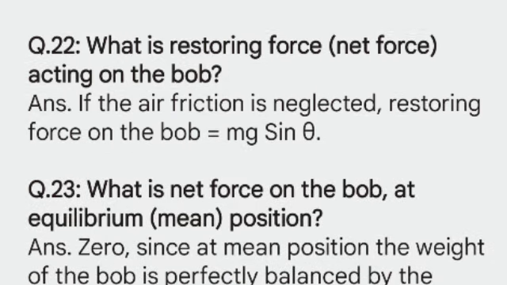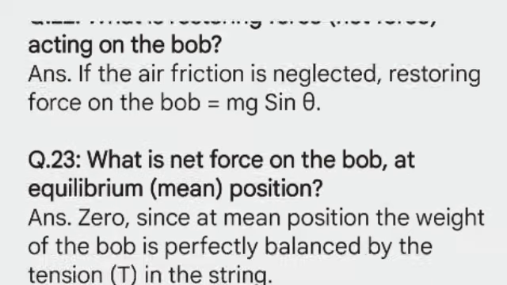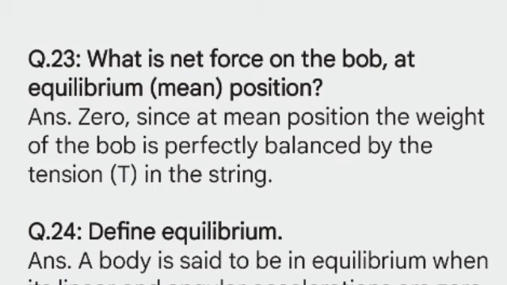So next question: what is the restoring force or net force acting on the bob? Answer: if the air friction is neglected, the restoring force on the bob is equal to mg sin theta. Next question: what is the net force on the bob at the equilibrium position?